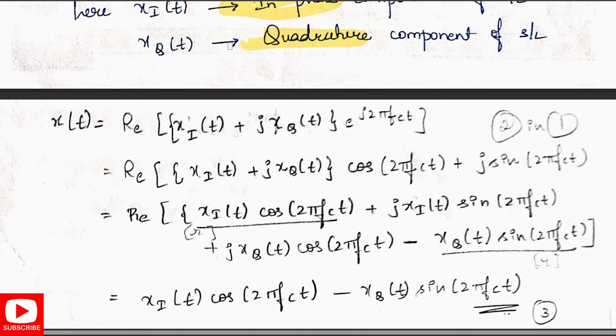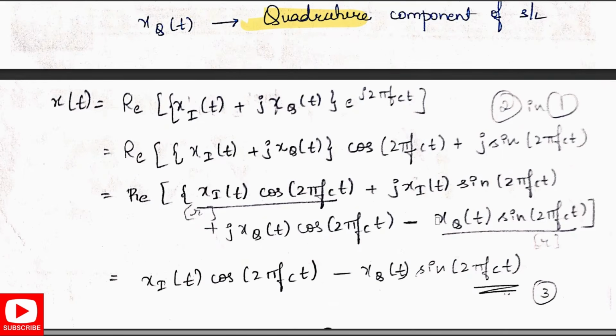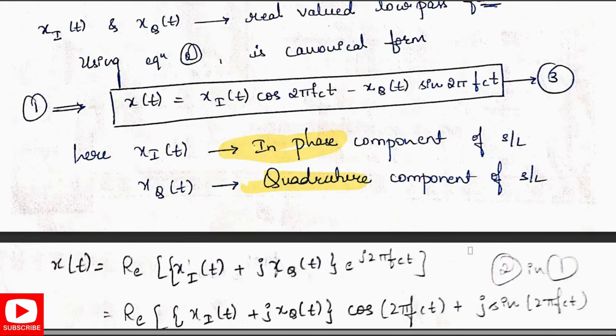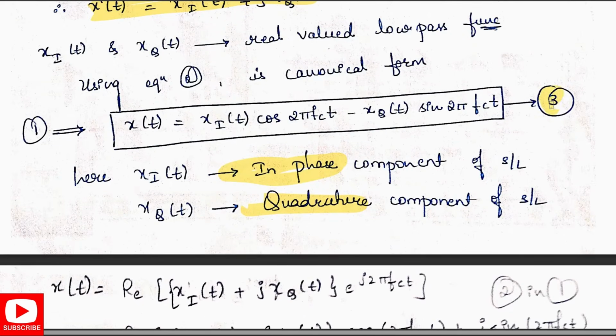On substituting that, you get this second line. So you need to multiply this part with xi of t plus j xq of t. So you get the real part and the imaginary part separately. On combining the real part, we get this equation 3. So the final equation is obtained.